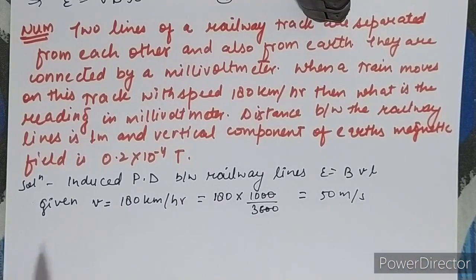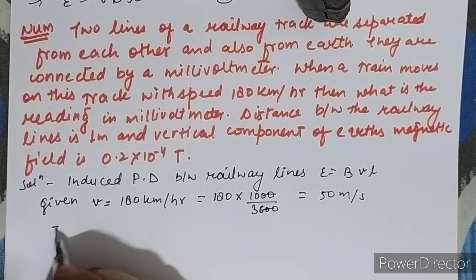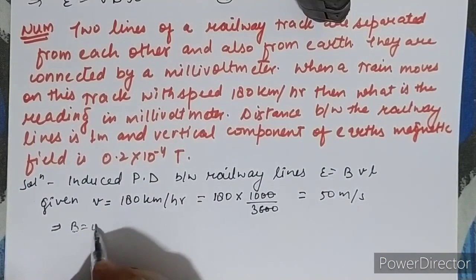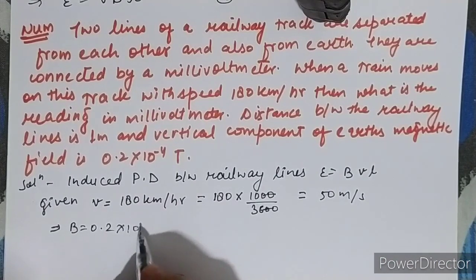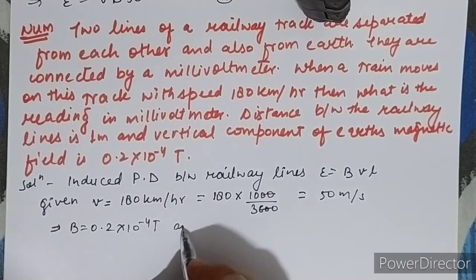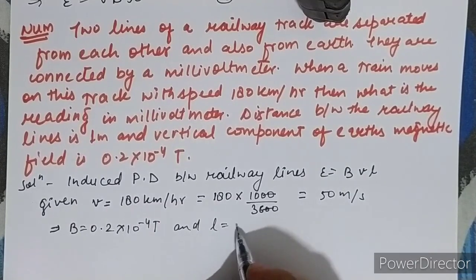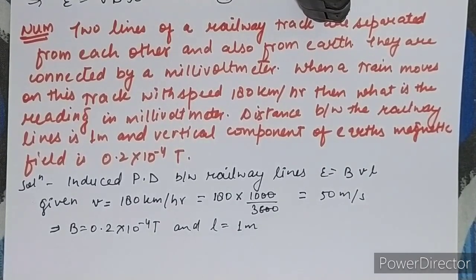And the value of magnetic field is also given, that is 0.2 into 10 to the power minus 4 Tesla, and the separation between them is 1 meter. So with all the values, put them in the equation: E equals BLV.